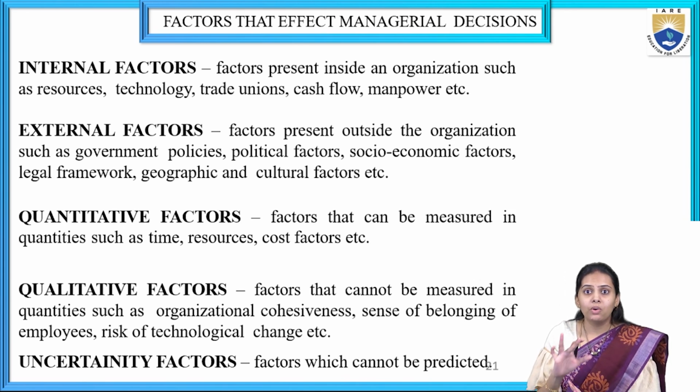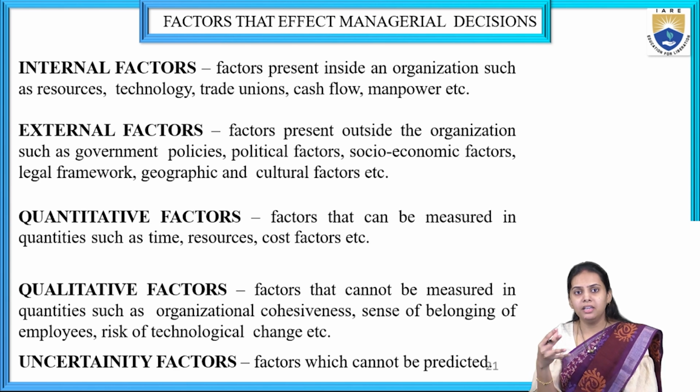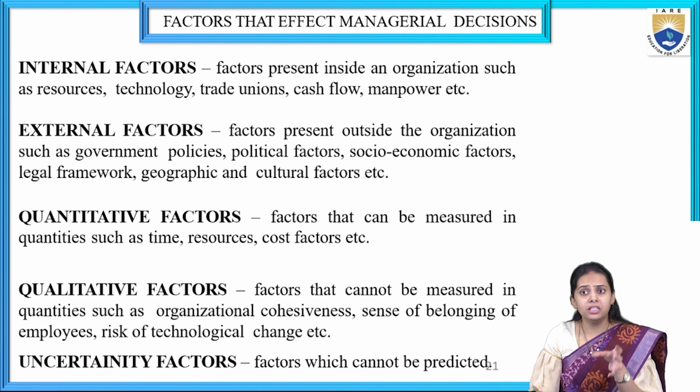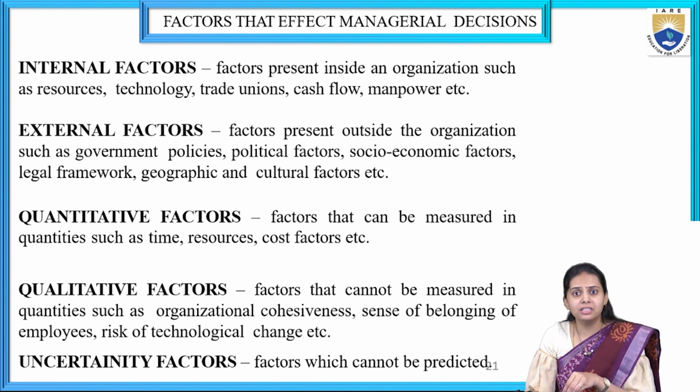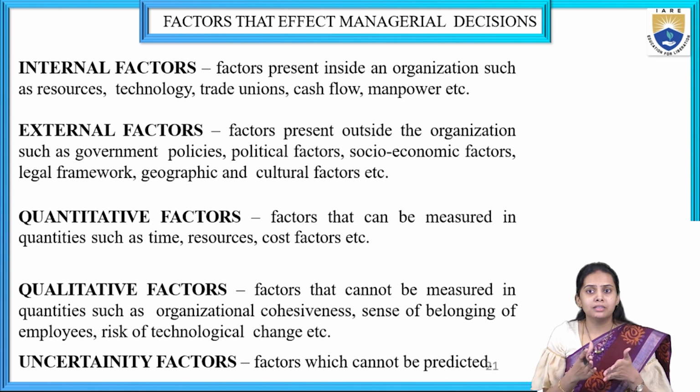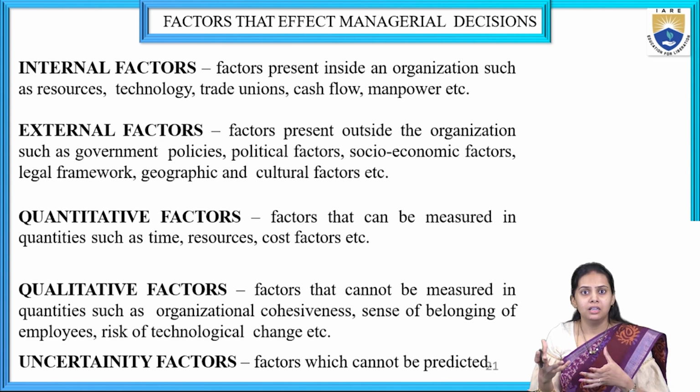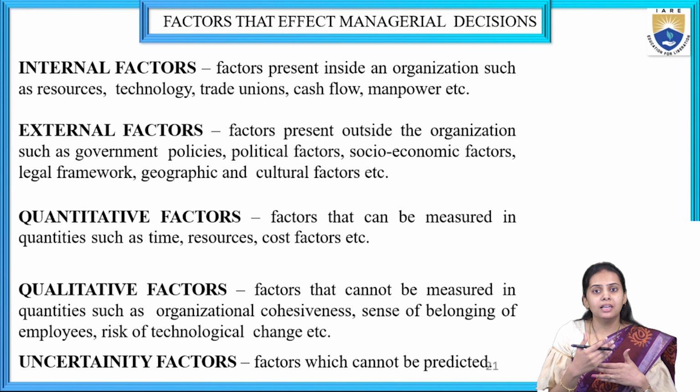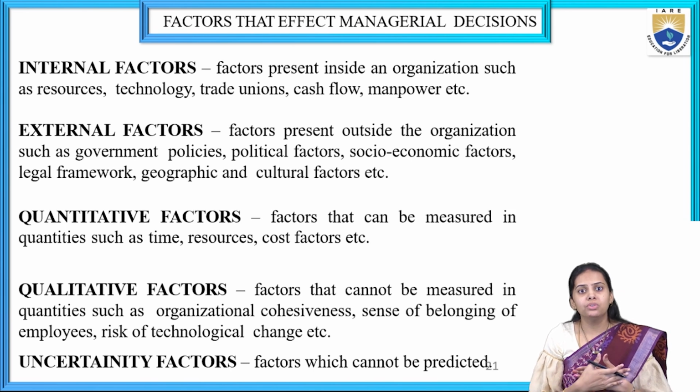And the qualitative factors involved: if a person is supposed to give some product in such a time, the organizational cohesiveness, sense of belonging of employees, and risk of technological change. Here, the risk factor is analyzed. We can't measure it in quantity.